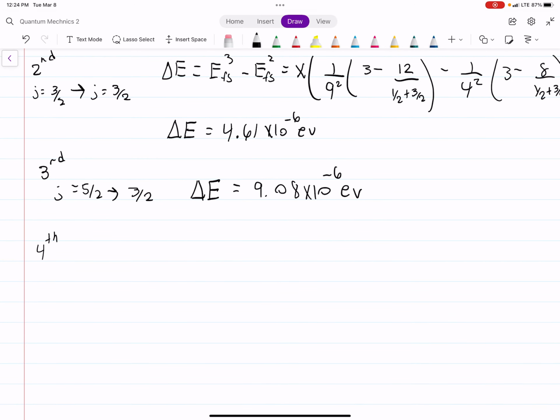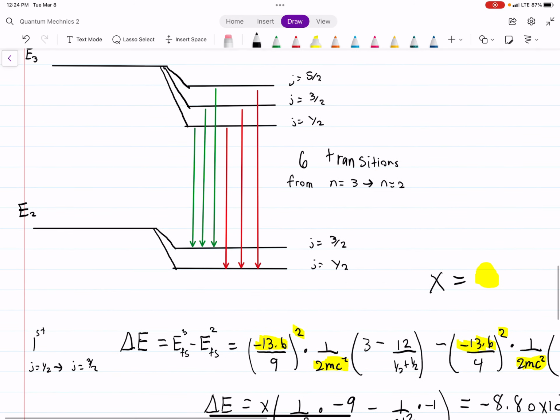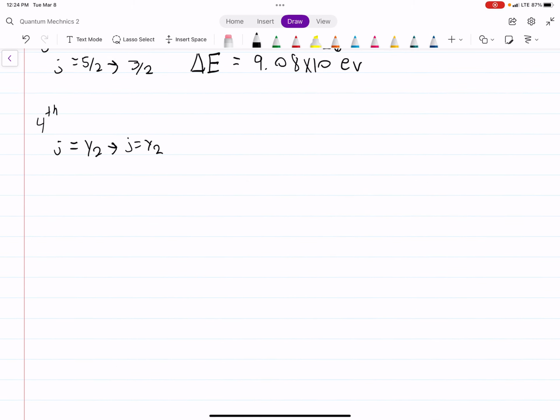So the fourth one, now you can go from J equals 1/2 to J equals 1/2. So now these are the red arrows. So we'll go 1/2 to 1/2, 3/2 to 1/2, 5/2 to 1/2. And the delta E here is 3.64 times 10 to the negative 5 electron volts.